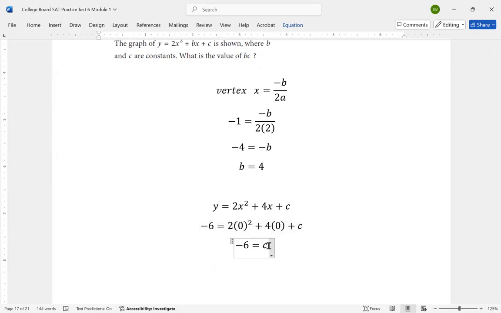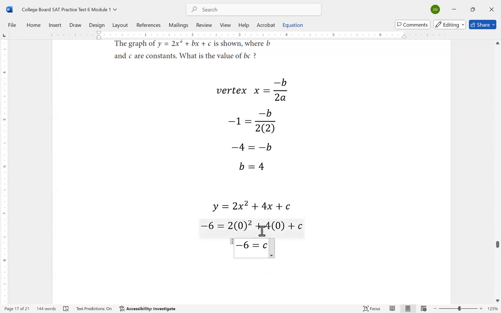So I figured out that B was 4 and C was -6 by using the fact that the vertex has X value of opposite of B over 2A, and then noticing that the y-intercept of this graph was 0, -6.